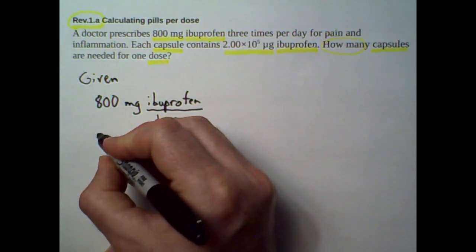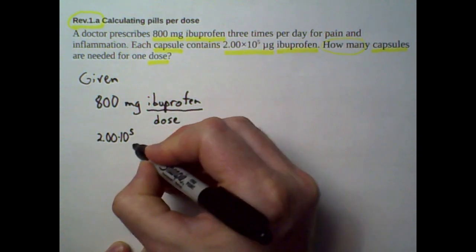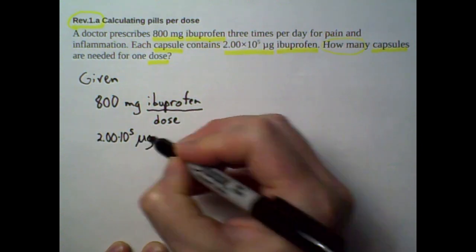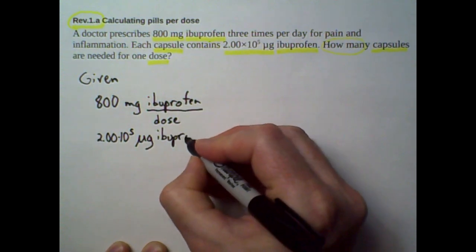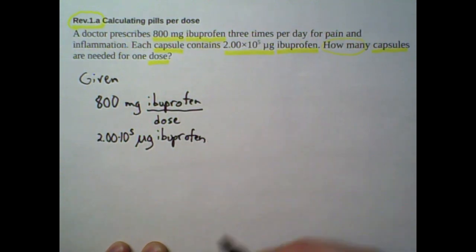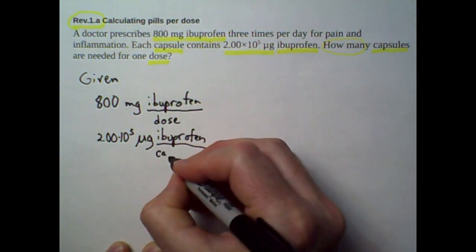Then I have another number, 2.00 times 10 to the 5th with its units, micrograms ibuprofen. And that's the amount in one capsule.